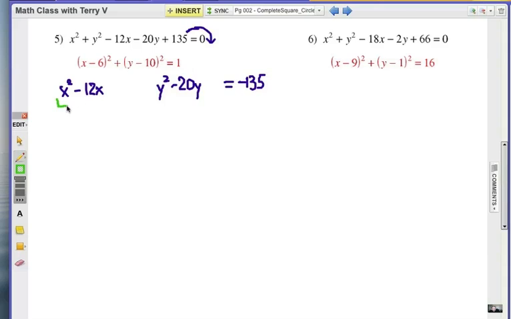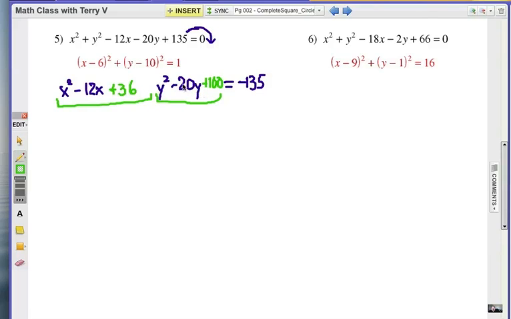So we're going to need a perfect square trinomial right here and another one right here. We have to complete the square twice. So half of negative 12 is negative 6. Add 36. Half of negative 20 is negative 10. Square it to make 100. All right, now the end result is 136.